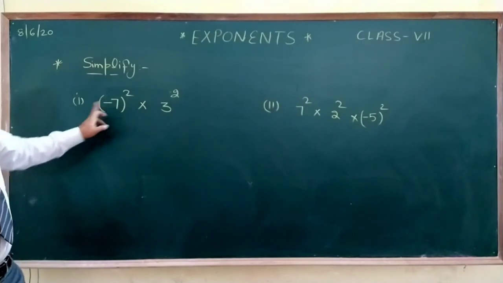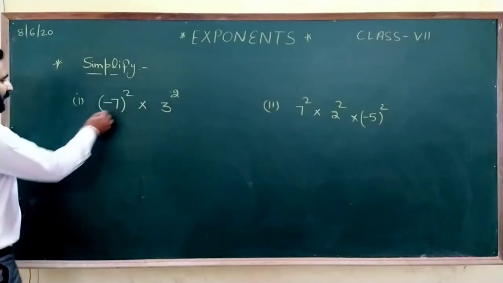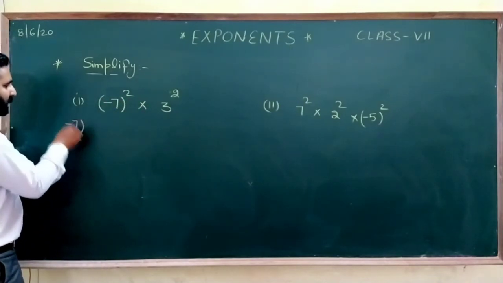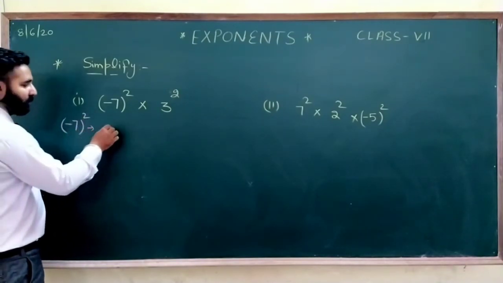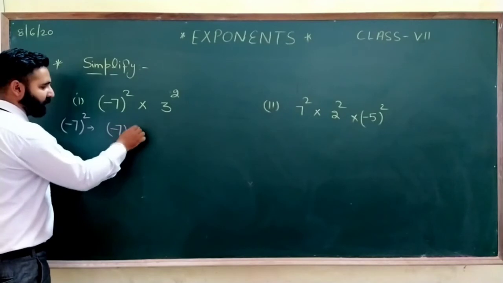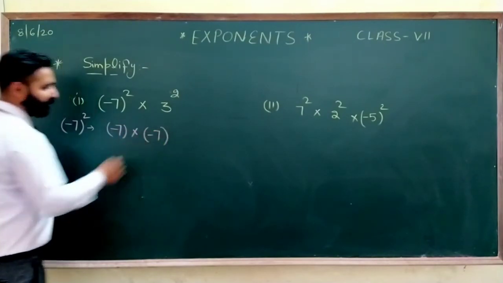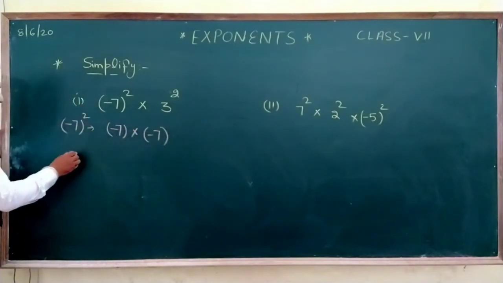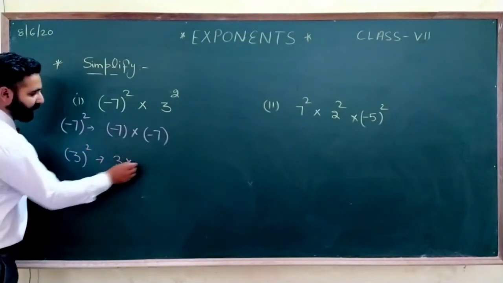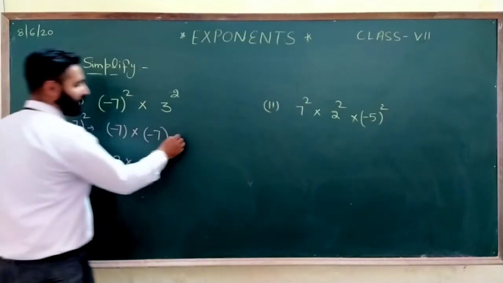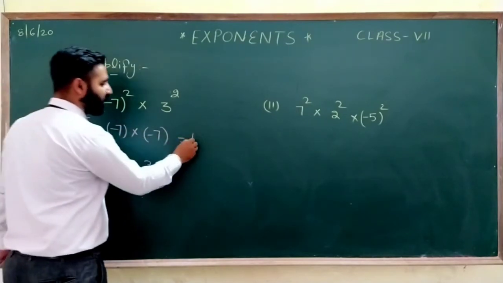Fine. So here if you write it, minus 7 square is equal to minus 7 multiplied by minus 7. And on this side, 3 square will become 3 multiplied by 3. So minus 7 times minus 7 is 49.